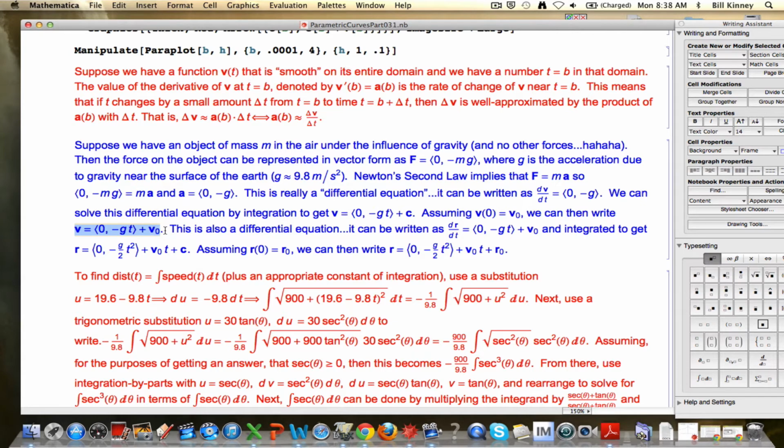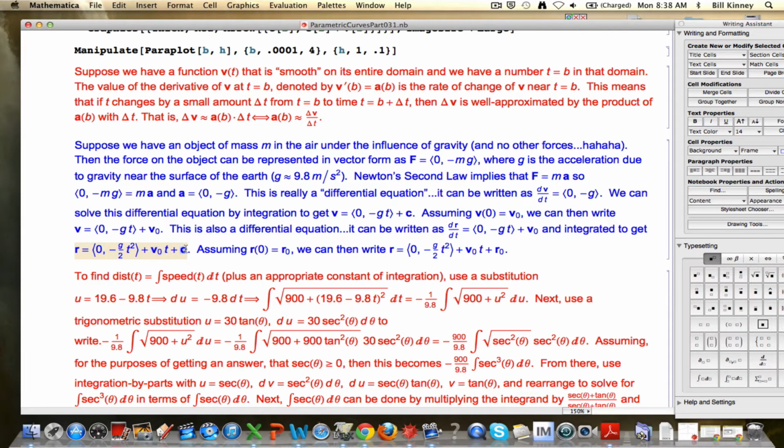Alright, this is also a differential equation. It involves a derivative too. The velocity vector is the derivative of the position vector. v is dr/dt. So I can write the equation this way, and then I can integrate again. When you integrate negative gt, you get negative g over 2 times t squared, which is what you see here. And when you integrate v sub 0, the initial velocity, you get the initial velocity times t. t would get multiplied by each component of that initial velocity.